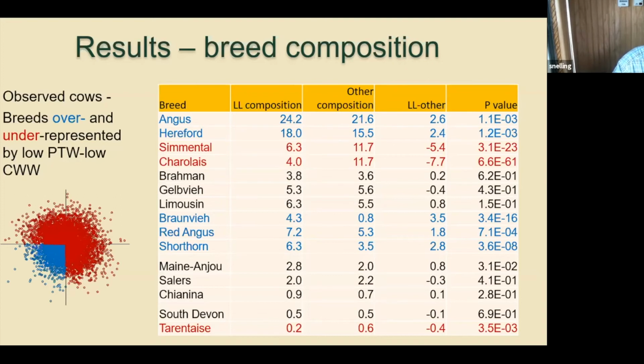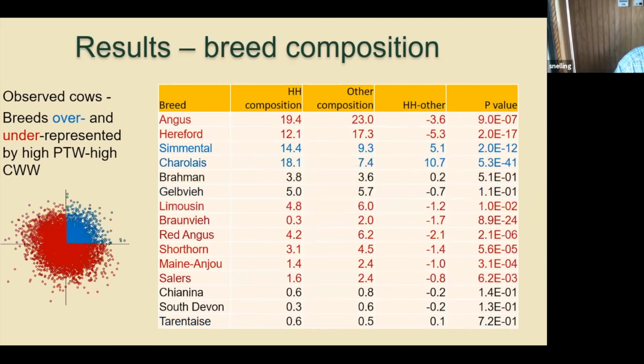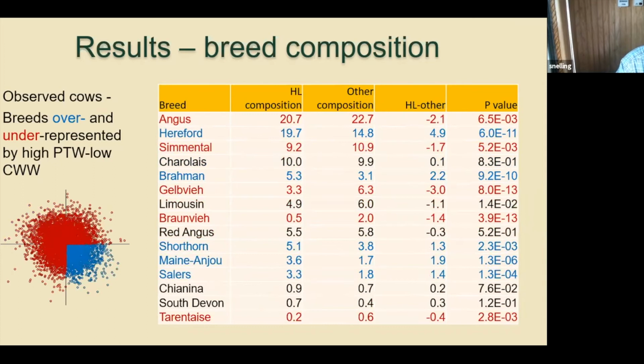This is going around from the low to the high weight weaned, or low cow weight, high weight weaned, then the high and high low.